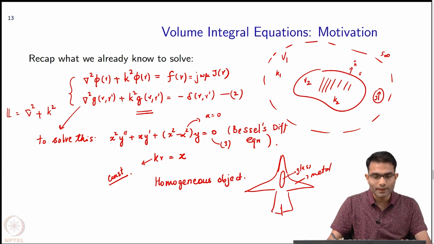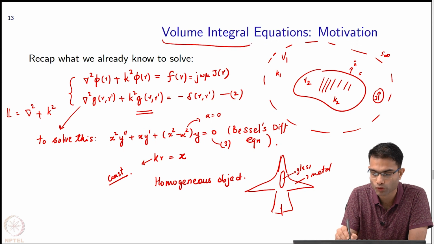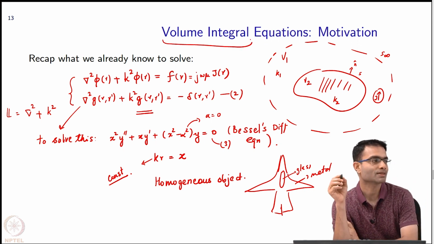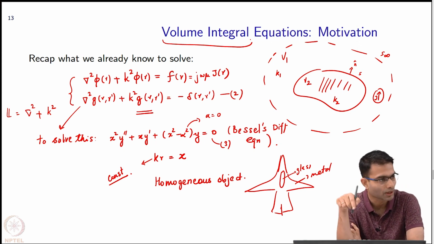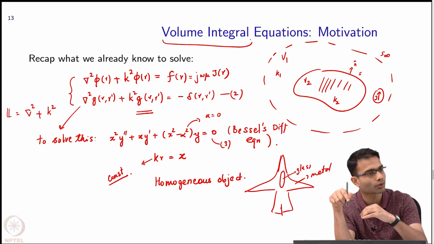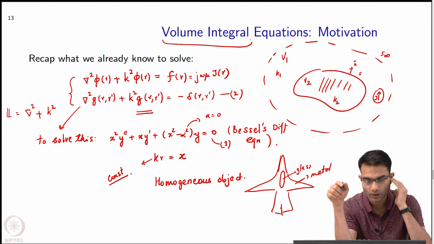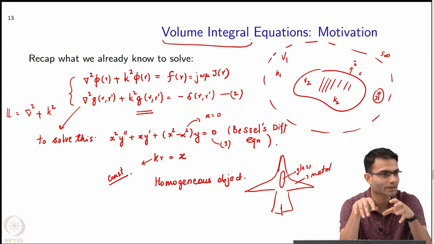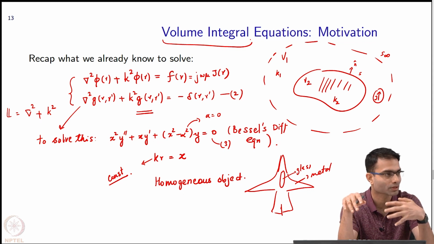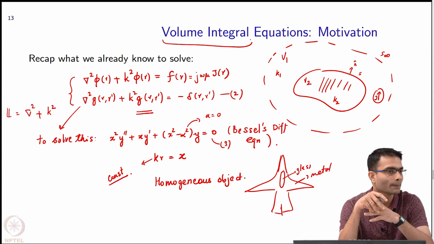That's where this other approach comes in, which is volume integral. As the word suggests, surface integral formulates the equations around the surface. Volume integral goes into the volume and solves it. So the advantage is I can model more difficult objects which have heterogeneity. And what do you think would be the disadvantage, or the downside?